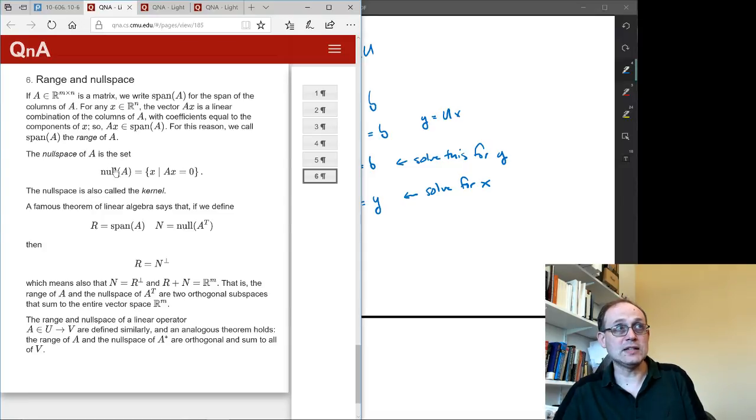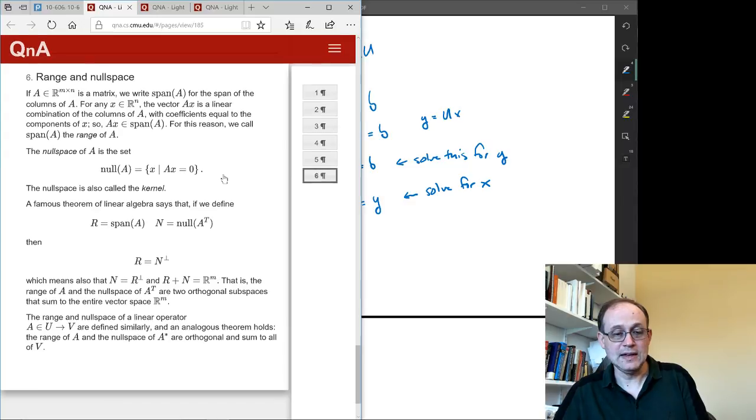The null space of a matrix A is the set of vectors X such that AX is equal to 0. That's also called the kernel of A. There's a famous theorem of linear algebra that says that if we take the span of A and the null space of A transpose, then those are orthogonal complements of each other.